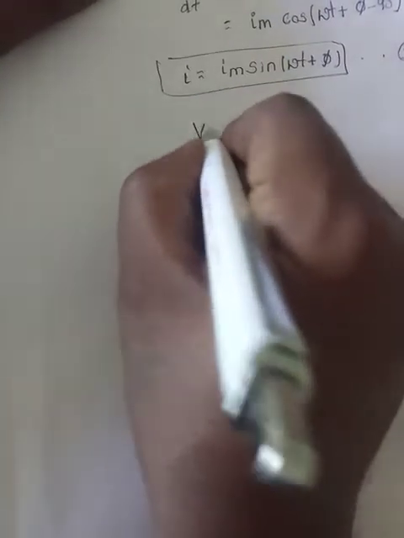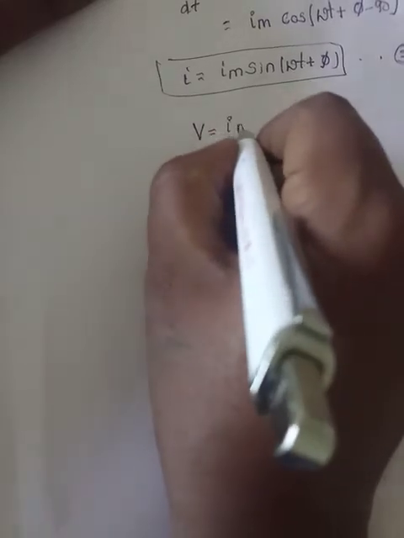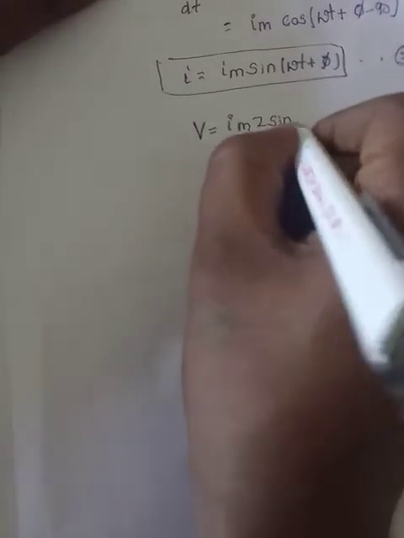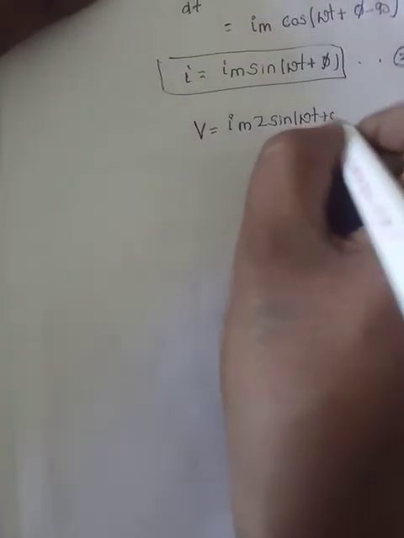As we know, cos of 90 minus (omega t plus phi) is converted to I is equal to Im sin of omega t plus phi. So this is equation number 3. So we proved that V is equal to Im into Z into sin of omega t plus phi.